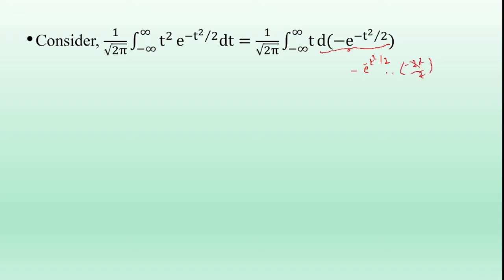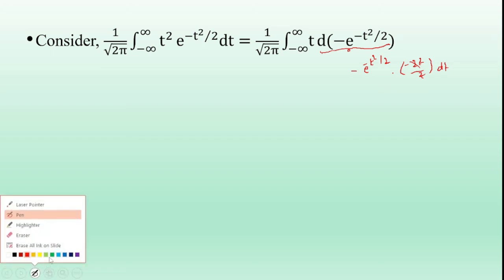The 2s cancel, minus into minus is plus. So we get t into e power minus t square by 2 dt. So this t square e power minus t square by 2 dt is written as t into derivative of minus e power minus t square by 2 dt.